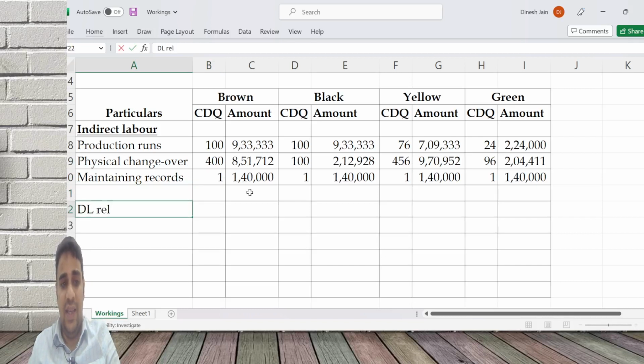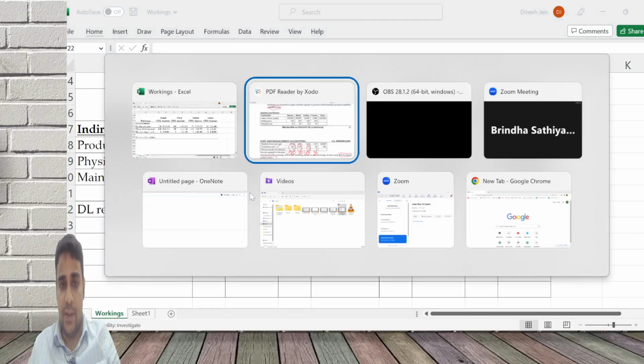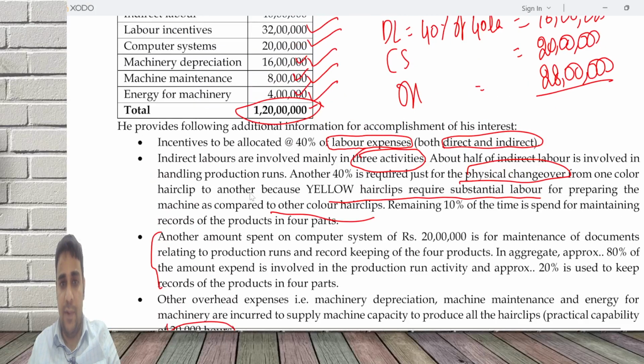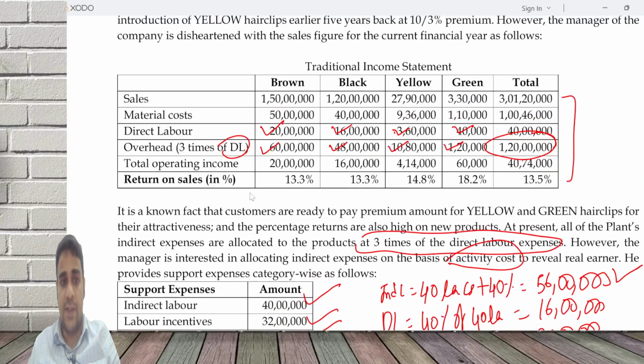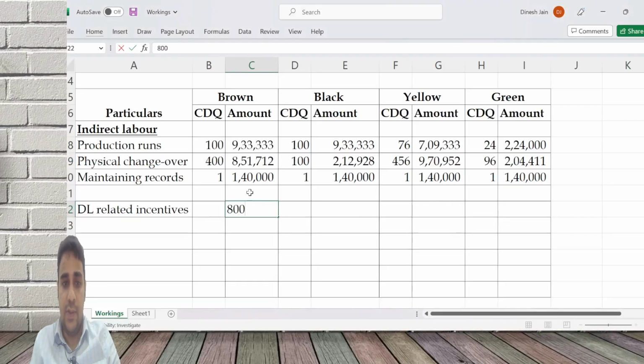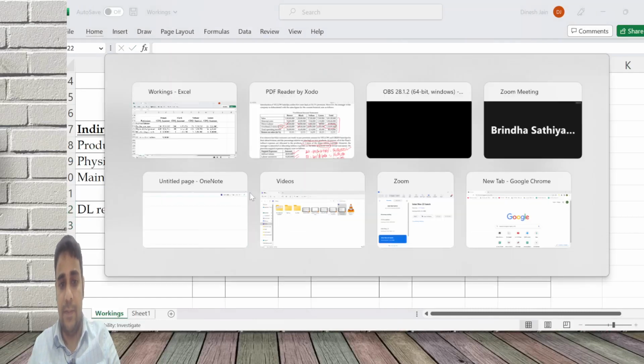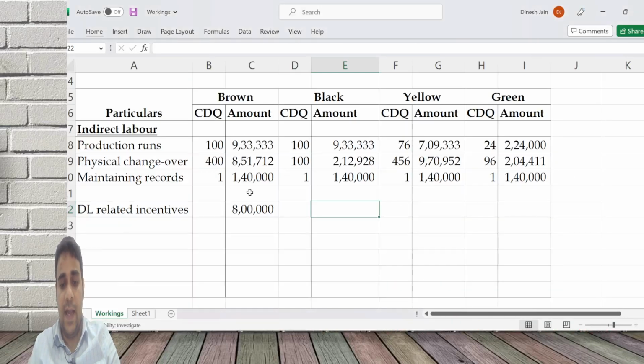And DL related incentive. What is DL related incentive? It is direct labor related incentive, which is 40% of the respective labor cost. The labor cost of the first product is 20 lakh, so 40% is 8 lakh. Second product 16 lakh, 6 lakh 40. Third product 3 lakh 60, 1 lakh 44.